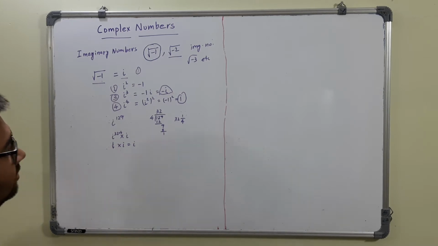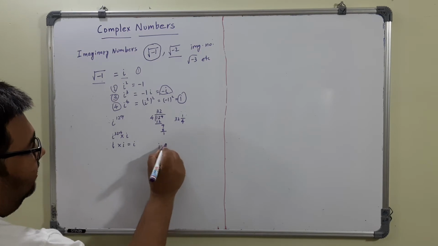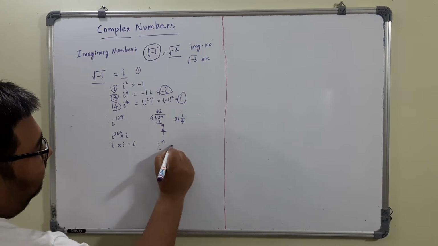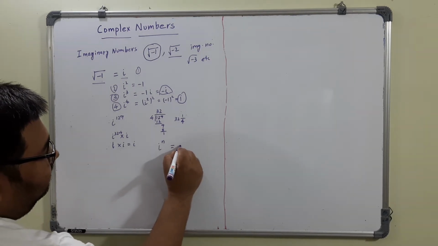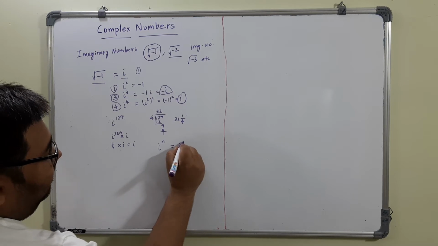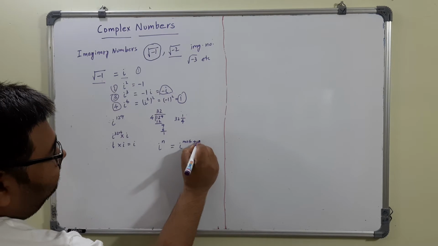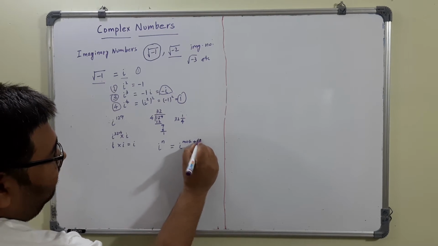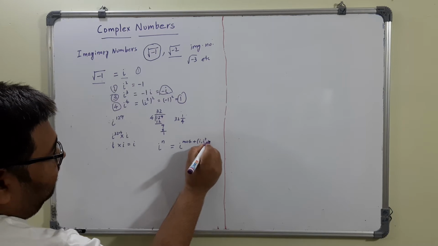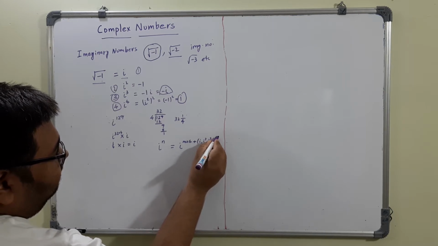So i raised to any number n can be written as i to the power 4m plus r, where r is 1, 2, 3 or 4.